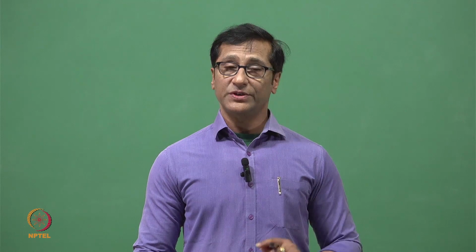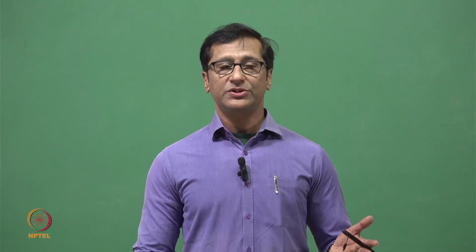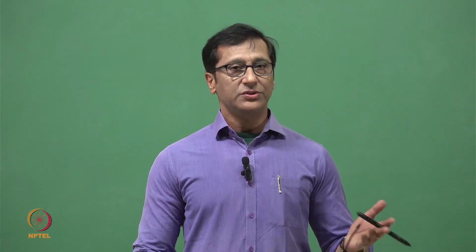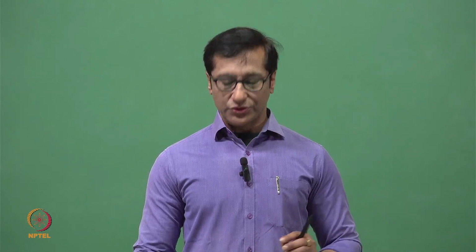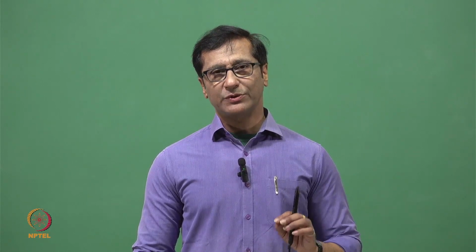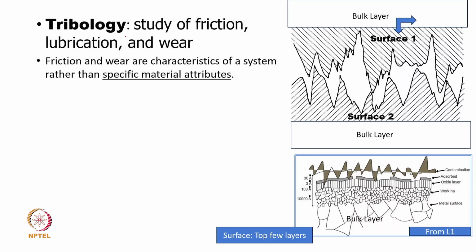If a tribo interface behaves very nicely, then friction will also be lower, wear will be almost negligible, and temperature will not rise to a high level. So this will be helpful. That's why we say the tribo interface plays a major role, and that's why we have kept one complete lecture on tribo interfaces. Now let's start again with the tribo interface.